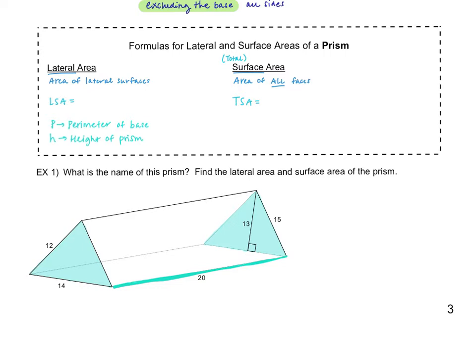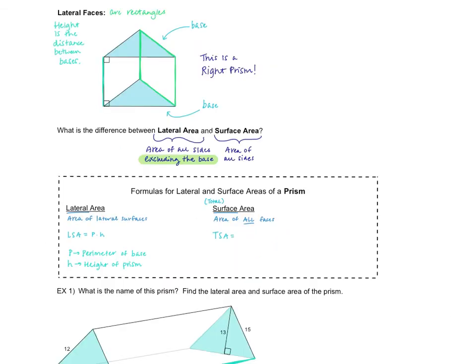So to find just the lateral surface area, all of those sides, we're going to take the perimeter of our base and multiply it by the height of our prism. So going back up to our picture, we want the perimeter of our base, so all three of these sides added together, and then our height that we're working with. So that will give us our lateral area.